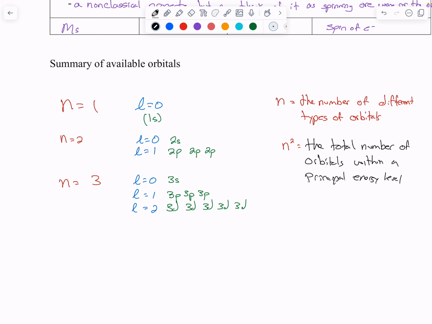Right? So if n is 1, 1 squared, I have 1 orbital. 2 squared, 4. I have 4 orbitals. 3 squared, 9. And last one, we'll do n equals 4.